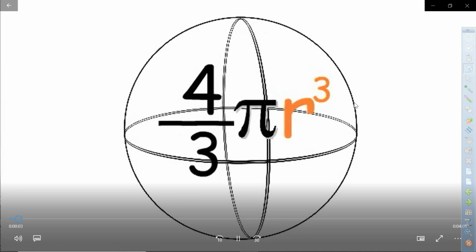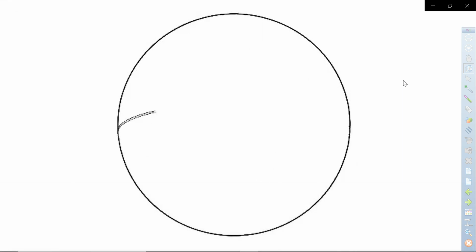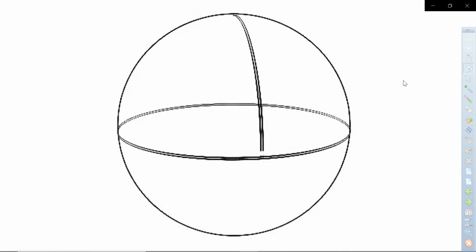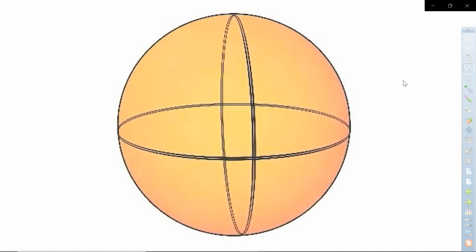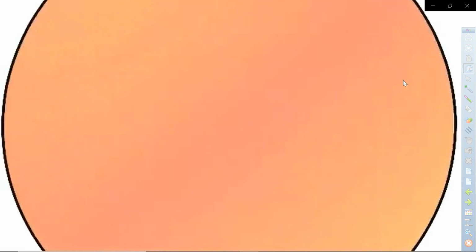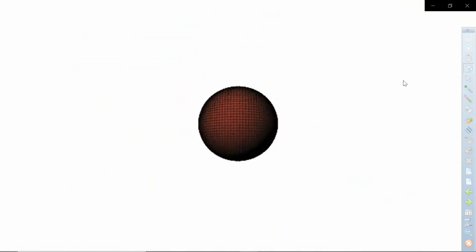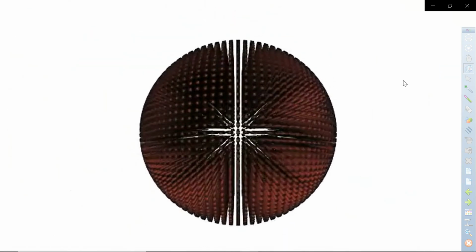Okay, so 4/3 pi r cubed. Okay, so there's our sphere. And what they're doing is they're dividing the sphere into a bunch of pyramids.